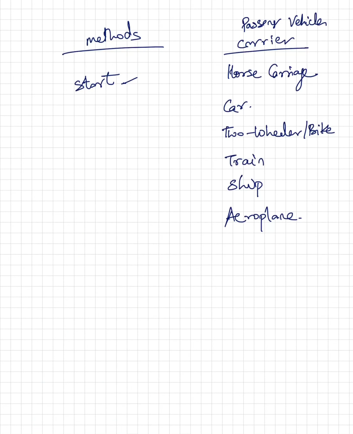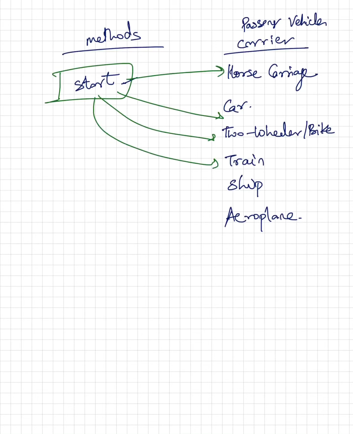Now let's validate how the method works on each of them. Say for example, start for a horse carriage will be like pulling the rope of the horse. For the car, it will be pressing on the gas, turning on the engine. For a two-wheeler, it may be a similar concept but done differently. In the train, it may be turning on a different button.